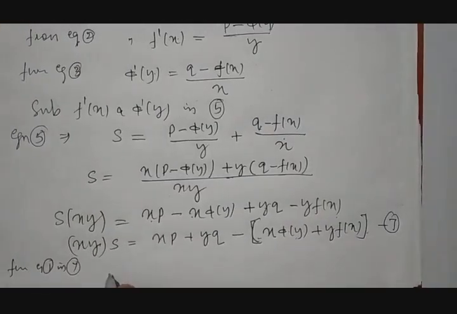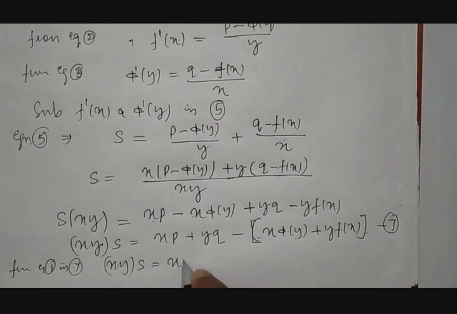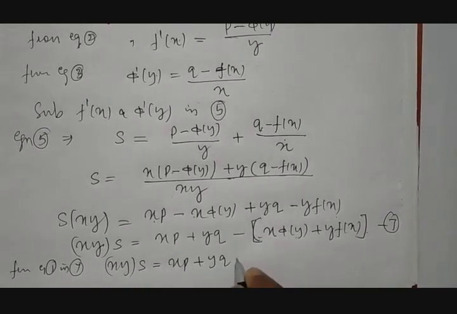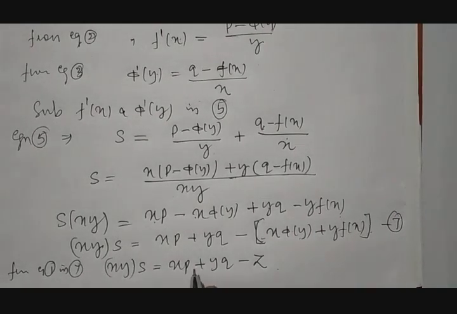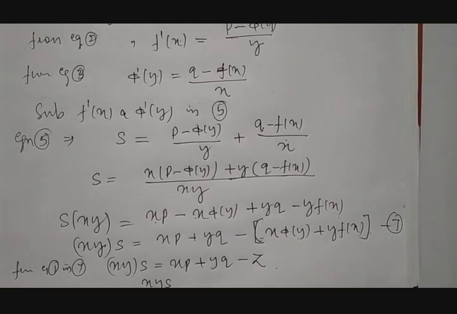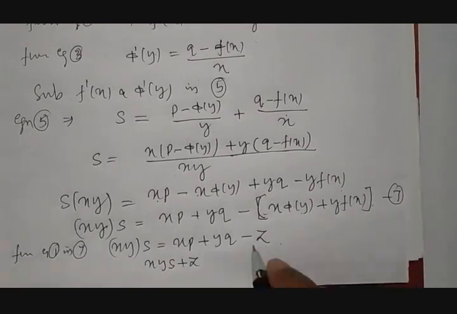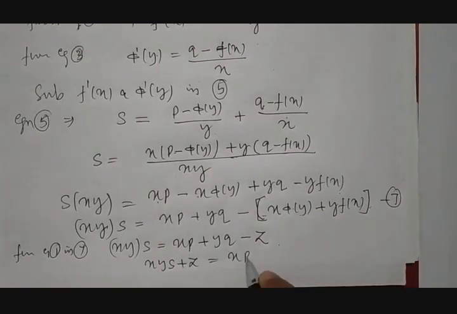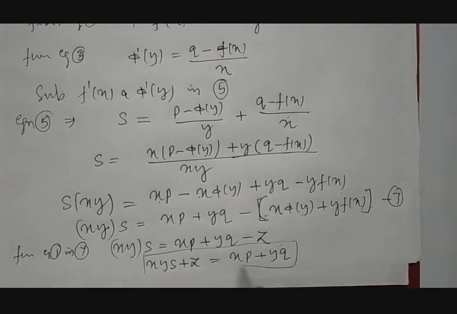So this value you substitute. Therefore, we get xy into s is equal to xp plus yq minus z. Or else xys, take this z to the other end, it becomes plus z, which is nothing but xp plus yq. So this is the required equation.